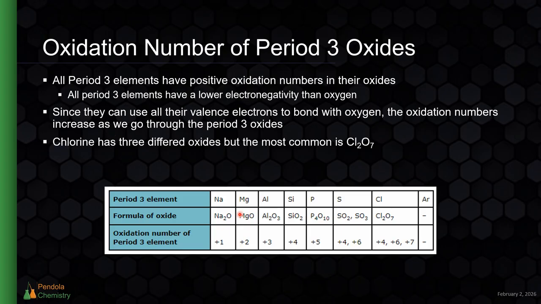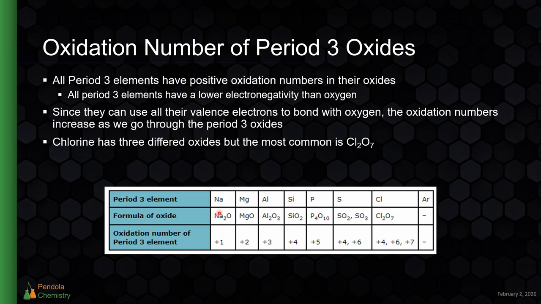Since the period 3 elements can use all their valence electrons to bond to oxygen, and in the case of some of them, they can even create expanded octets, the oxidation numbers are going to increase on the oxides as we go from left to right.